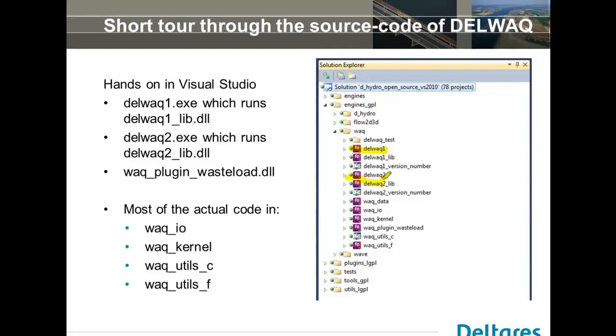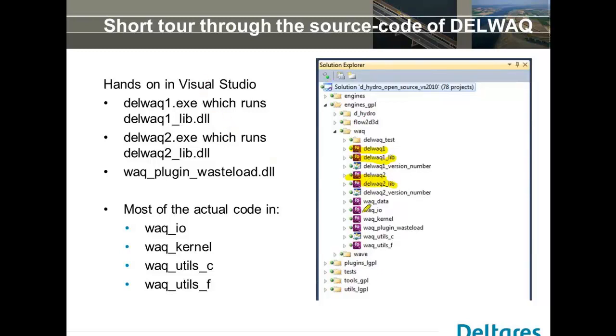Okay, so the main programs are marked here. DELWAQ 1 and DELWAQ 2. Currently those are very tiny executables that actually run the libraries, the DELWAQ 1 library and the DELWAQ 2 library.